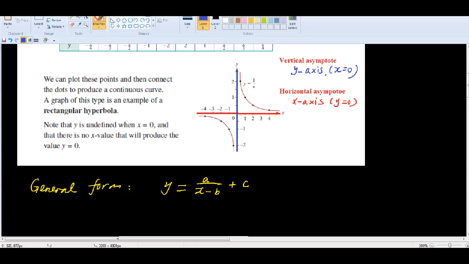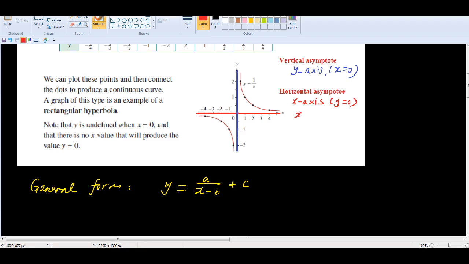For the horizontal asymptote, it means when x tends to infinity or negative infinity, the value of y, the curve, will tend to that horizontal asymptote.